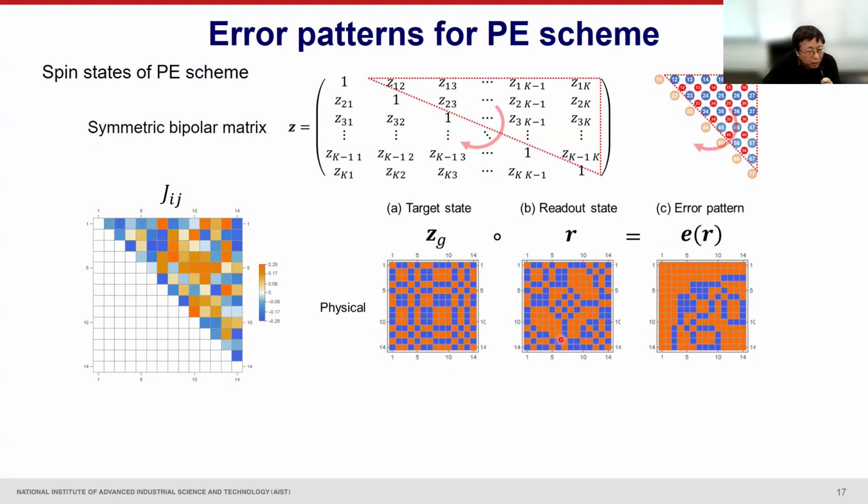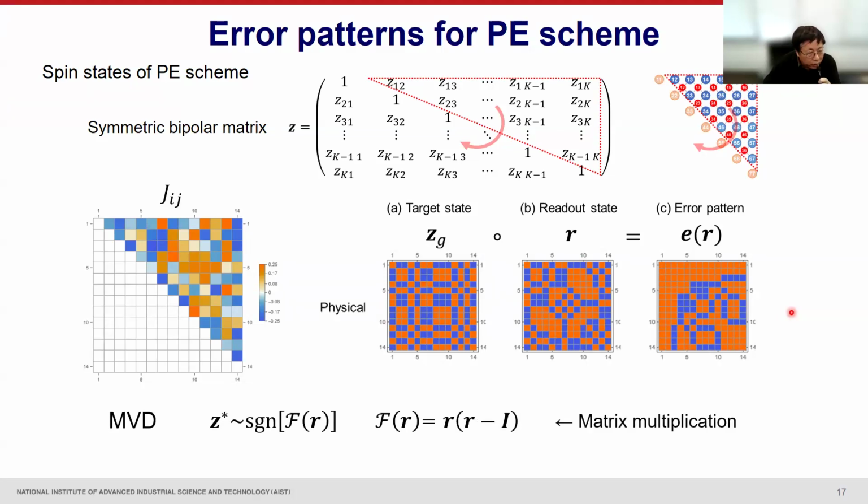And an example of readout state is shown here. By calculating element-wise products, we obtain the error pattern shown here. Then the majority vote decoding can be written as some matrix operation shown here, which is a matrix multiplication and taking a sign of this one.